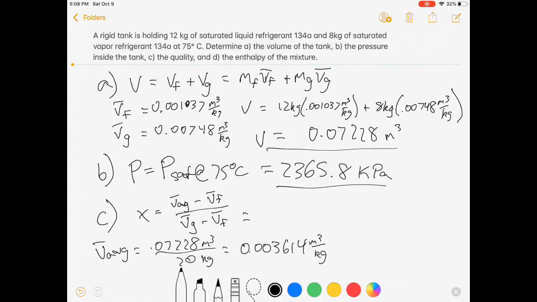So now to get our quality, that's going to equal 0.003614 minus 0.001037 divided by 0.00748 minus 0.001037.